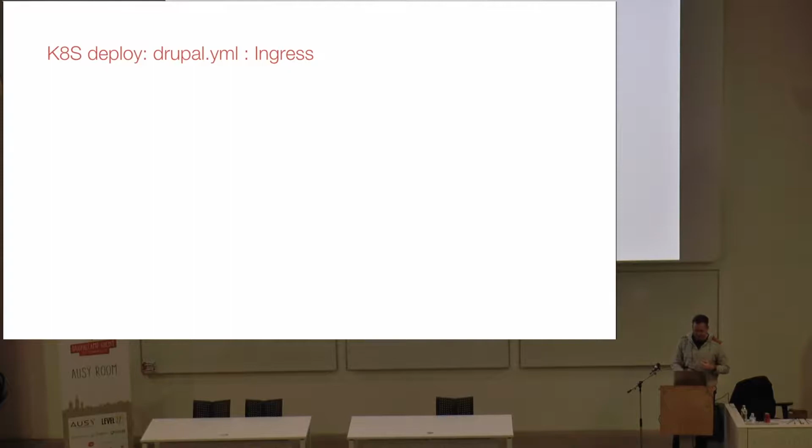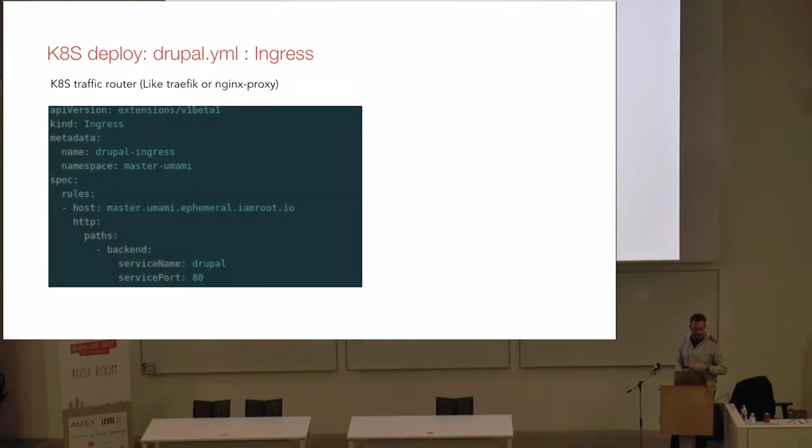One is ingress. And ingress is like a Kubernetes traffic router. You can compare it a little bit with Traefik or an Nginx proxy. What this actually does is you define your host. In my default file, this is master.umami.ephemeral.imroot.io, and you connect this with a backend service, and ingress and Kubernetes will do all the routing for you.